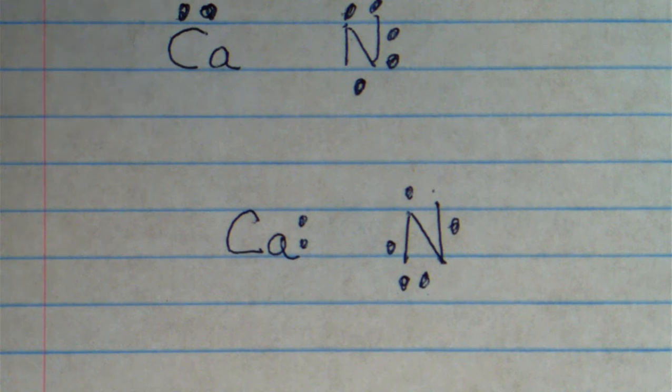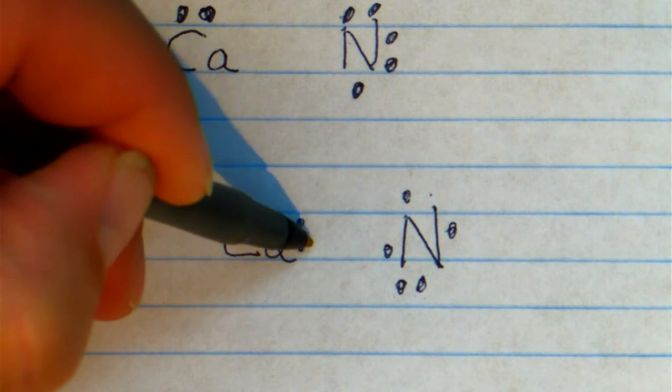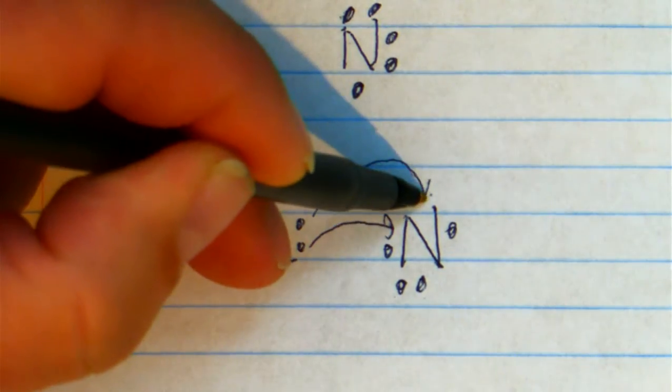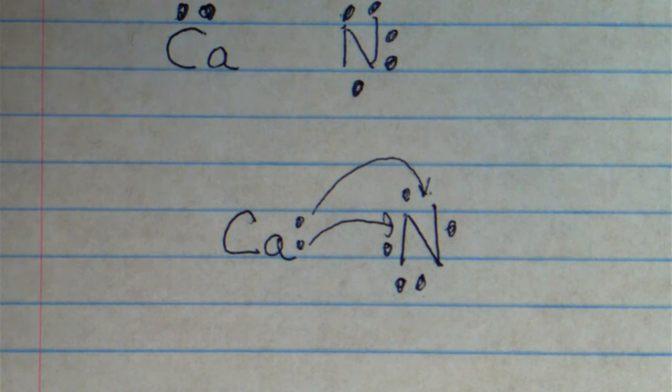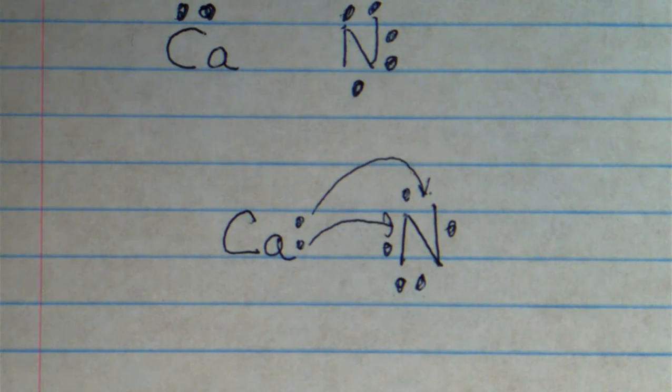Here is a calcium with 2 valence electrons. Okay, that will work. Nitrogen still needs 1 more valence electron.